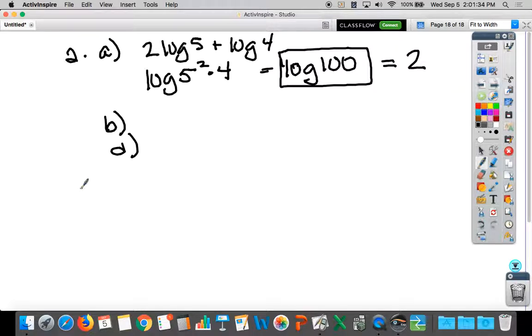B, 2 log 2 plus log 150 minus log 6,000. So we want to write this as log 2 squared times 150 over 6,000, which is 4 times 150, 600.